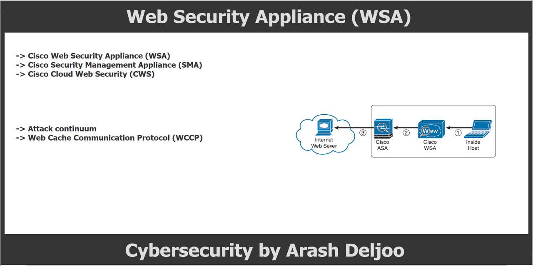These solutions enable malware detection and blocking, continuous monitoring, and retrospective alerting. A Cisco WSA uses cloud-based intelligence from Cisco to help protect an organization before, during, and after an attack. This life cycle is referred to as the attack continuum.